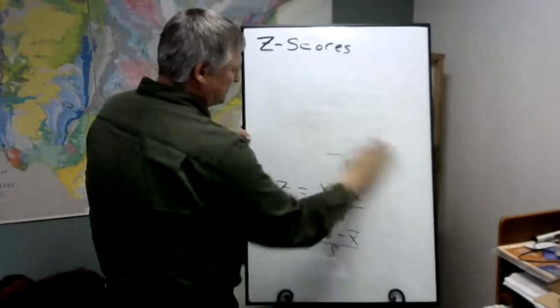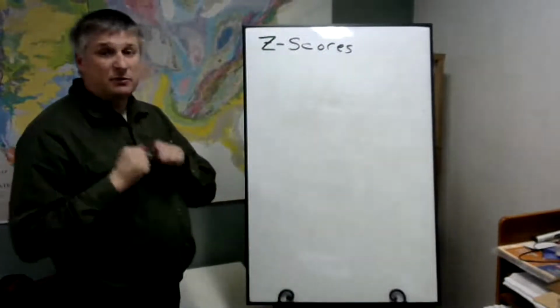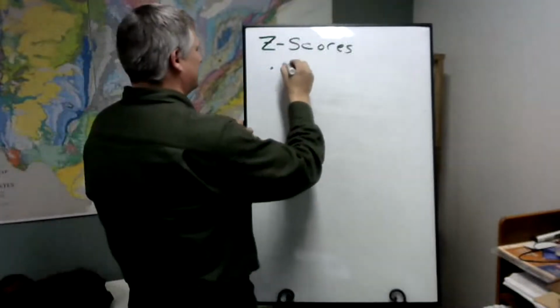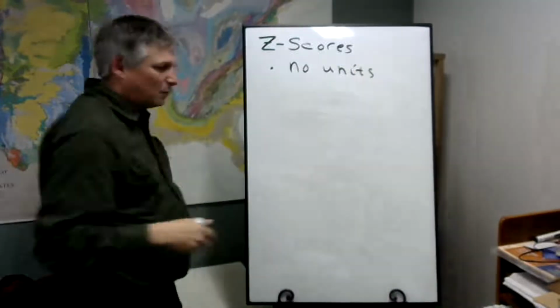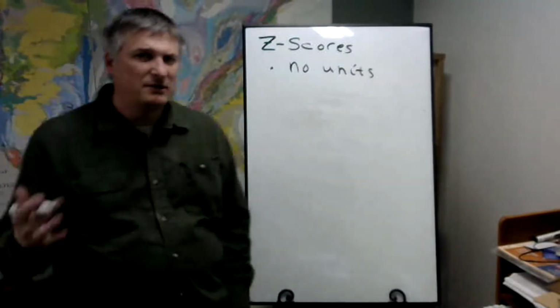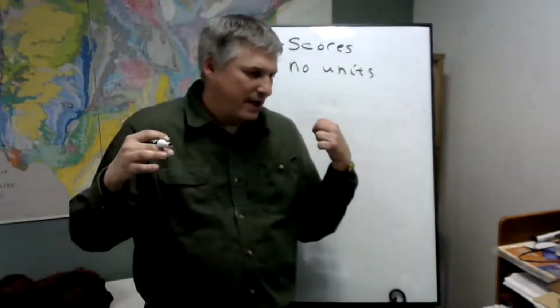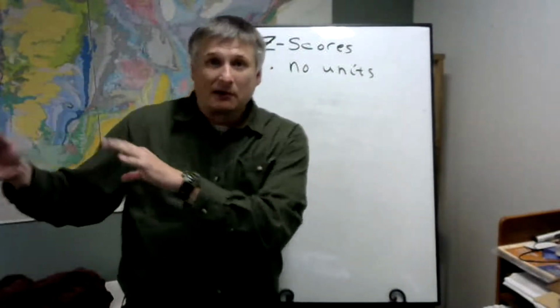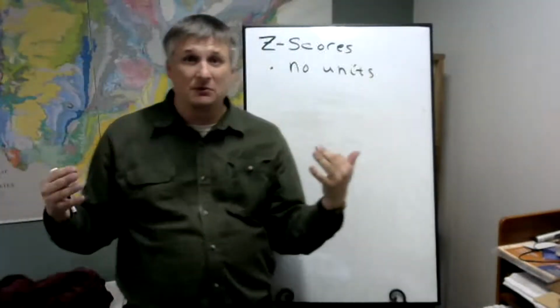There are some advantages to this. For one, z-scores have no units. And it's a way of comparing different types of data sets. Like you have temperature over here, and then maybe we have wind speed over here. We can convert all of our data into z-scores, and we can compare z-scores.